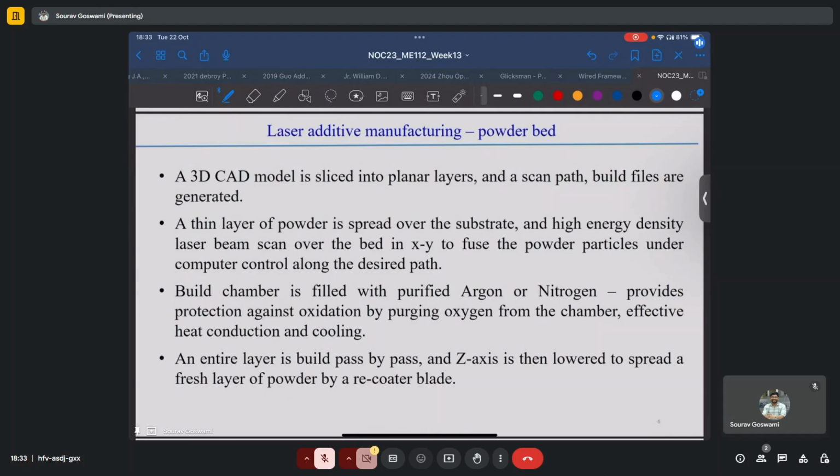The build chamber is filled with purified argon or nitrogen, which provides protection against oxidation by purging oxygen from the chamber, making heat conduction more effective and enhancing the cooling. An entire layer is built pass by pass, and the z-axis is then lowered to spread a fresh layer of powder by a recoater blade.